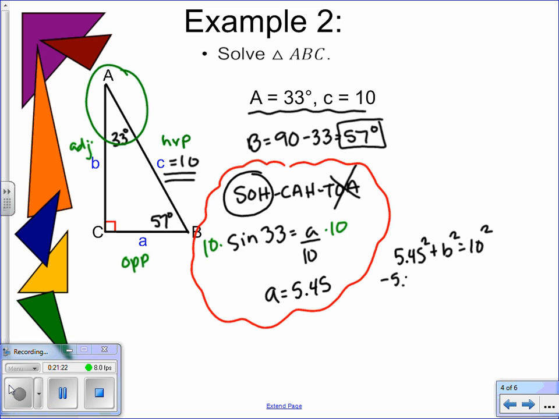And then you subtract this 5.45 squared from both sides. And I saw, is it like 70 something? 70.39. But yes, put the square root of 70.39 in there and get 8.4.